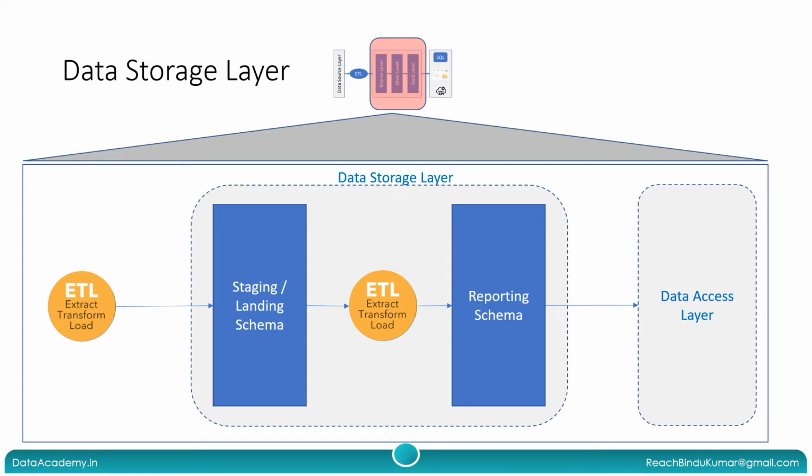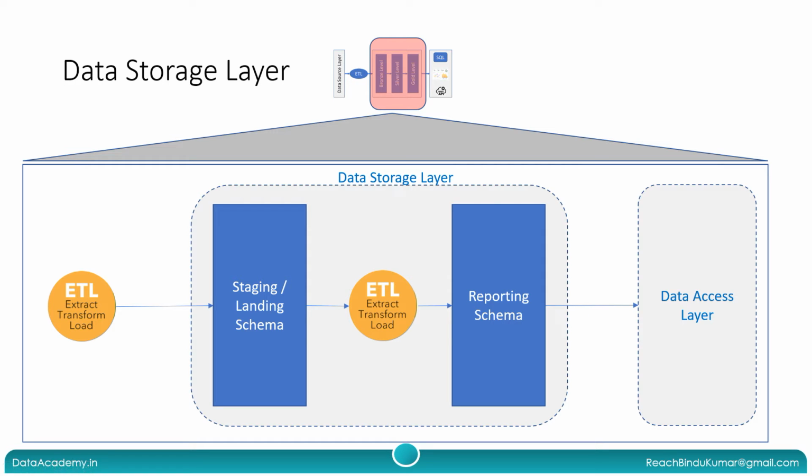But for the sake of data integration, we like to split up the storage into multiple layers. Here you can see the storage is split into a staging or a landing schema and then a reporting schema. So what exactly are these two? Let's look at the picture from the left side. Data that is collected from these different systems via an ETL process is pushed to something called a staging or landing schema.